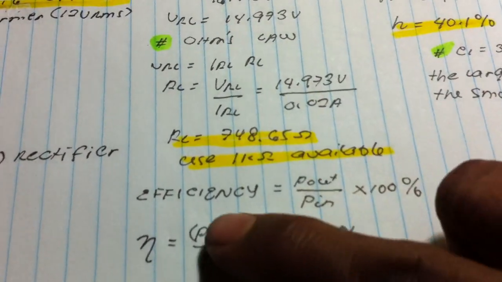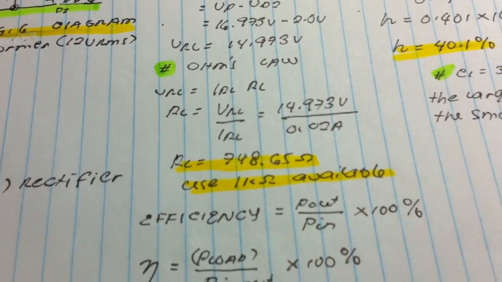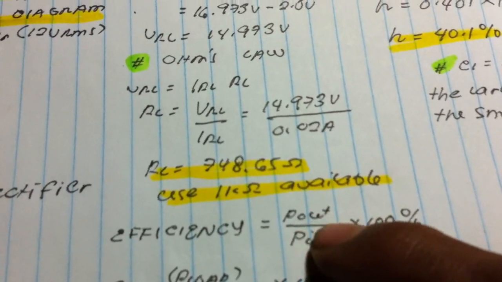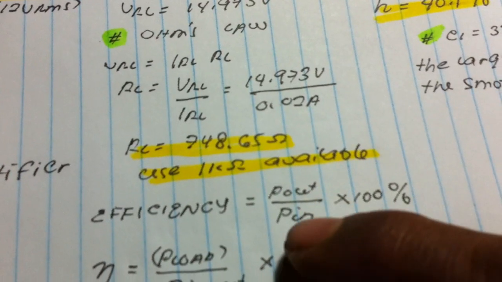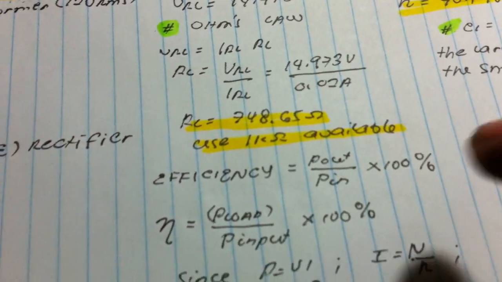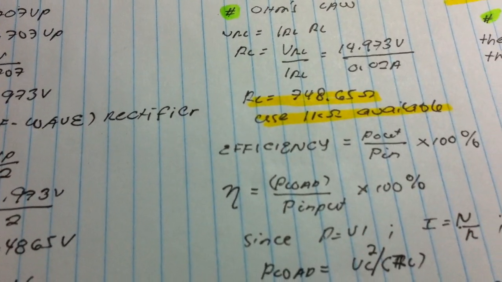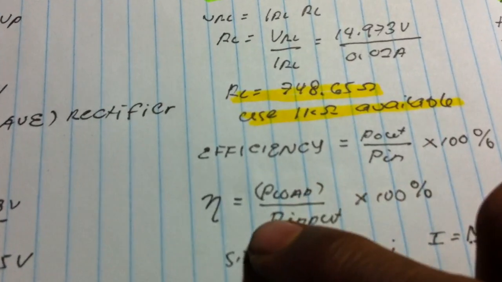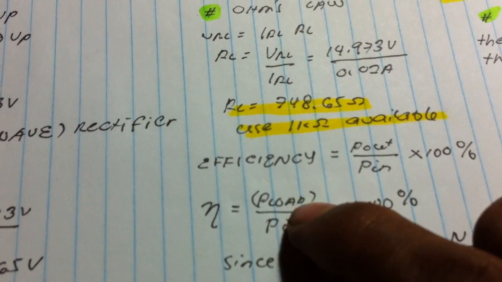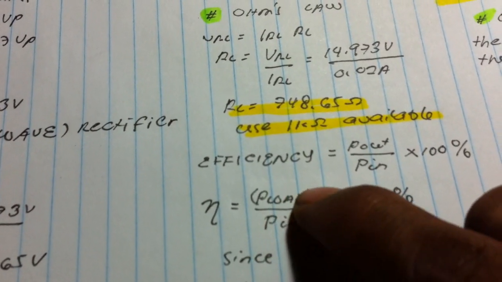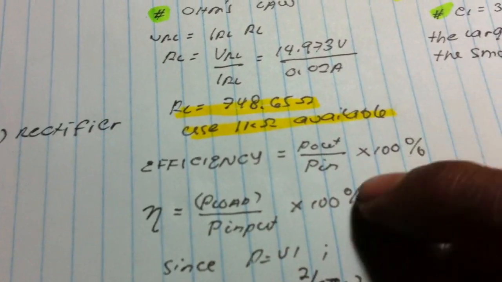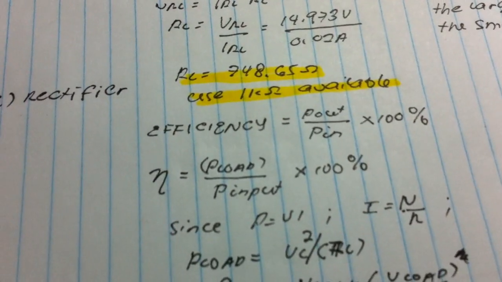The voltage output, which is also equal to voltage average or voltage DC. We're now going to compute the efficiency of our power supply, which is equal to power output over power input times 100%. We're using this eta symbol, a Greek symbol, which is equal to power of the load, power consumed, or power output divided by the power input times 100%.